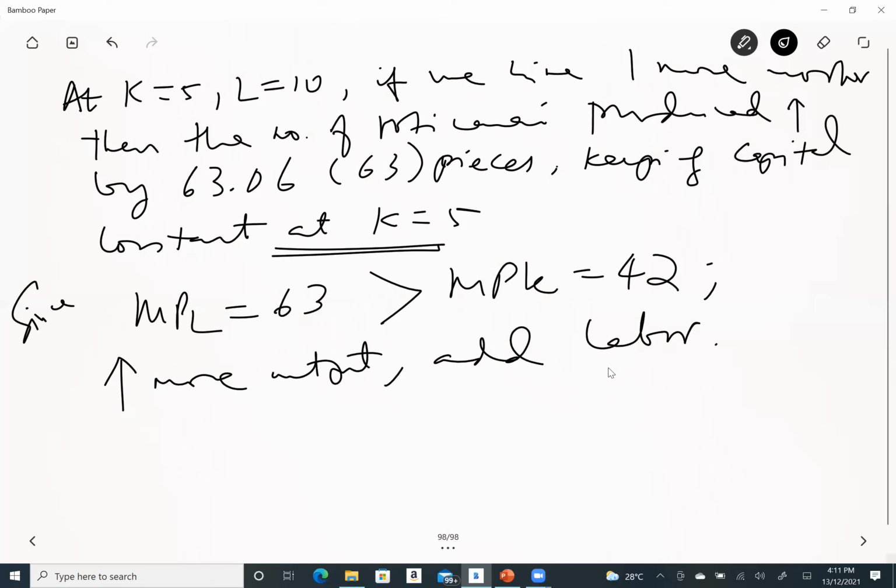Because if I add one more worker, I can add 63 more roti canai, while if I add capital, I can only add 42 more. And of course, the point is K equal to 5, L equal to 10, because at some other point this may not be true. You have to look at the point where we are now, because these are non-linear functions.